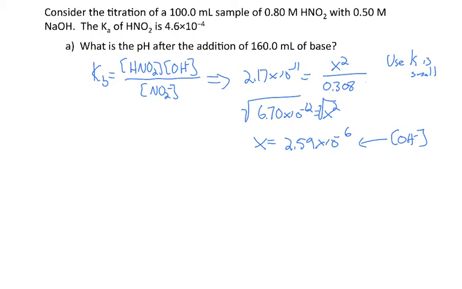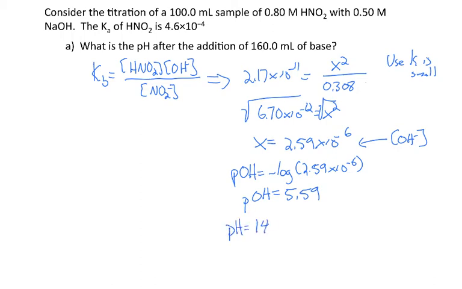So in order to get the pH, first I'll get the pOH, and then I can get the pH. And then I know that pH plus pOH is equal to 14. So pH is equal to 14 minus the pOH, or in our case, that's 14 minus 5.59. So our final answer is the pH is 8.41.